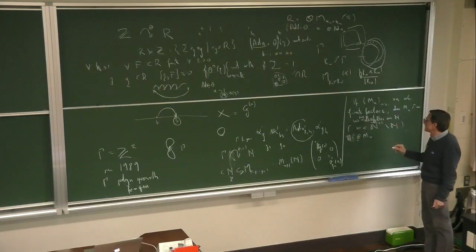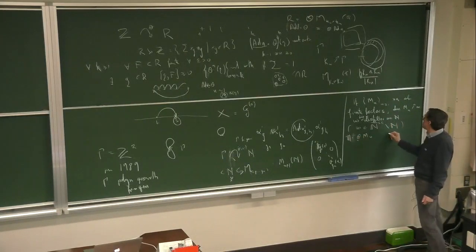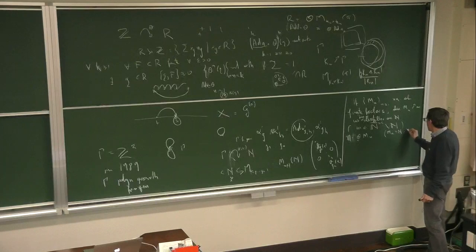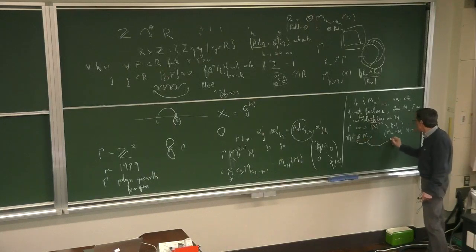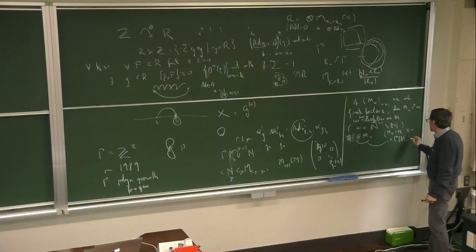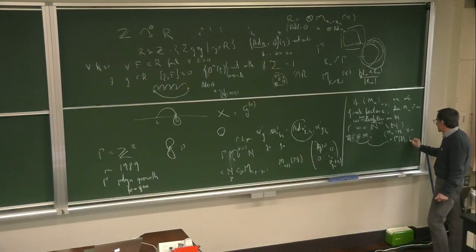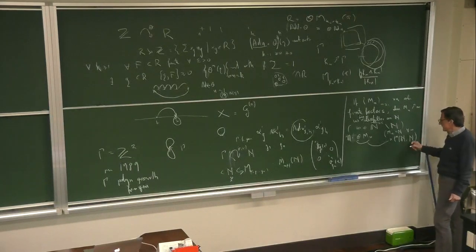By the way, if all Mn are equal to n, this becomes little L infinity of the bounded sequences with values in n.